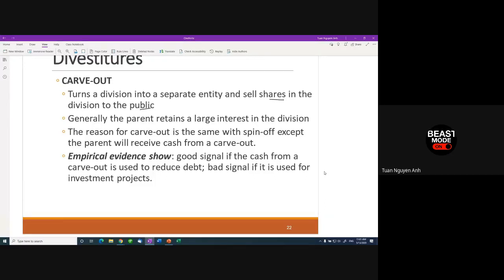The reason for a carve-out is the same as the spin-off, except the parent will receive cash from a carve-out. So this is maybe a mix of cash and the spin-off. Yeah, they will try to use something in between. Empirical evidence shows, so this is from practice, a good signal if the cash from a carve-out is used to reduce debt, and a bad signal if it is used for investment.